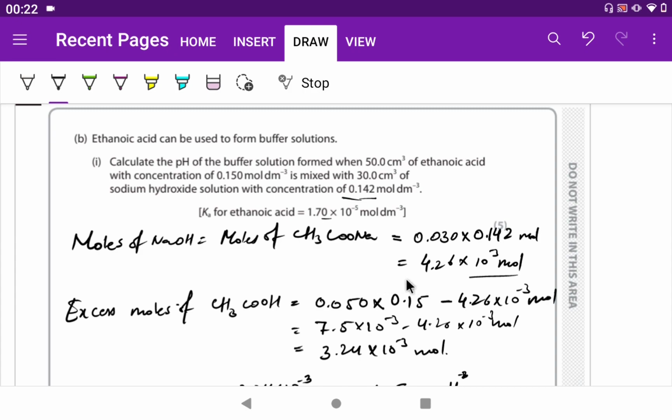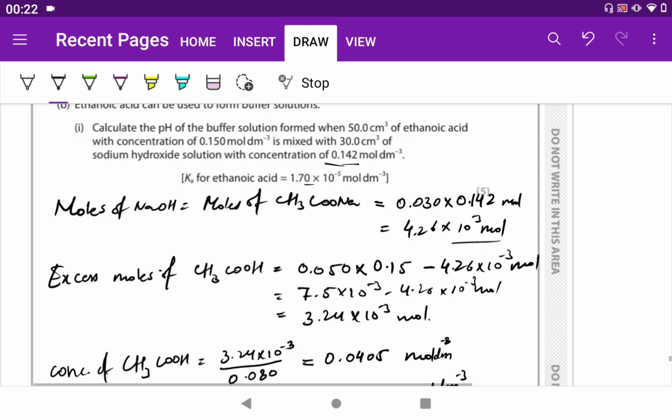So 4.26 × 10^-3 moles we get. So excess moles of acetic acid is 0.05 × 0.15 minus this, so the excess moles we will get 3.24 × 10^-3 moles.